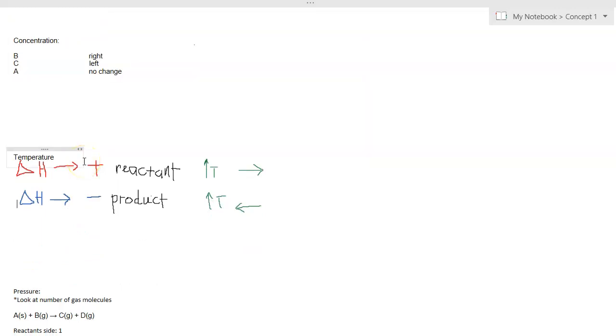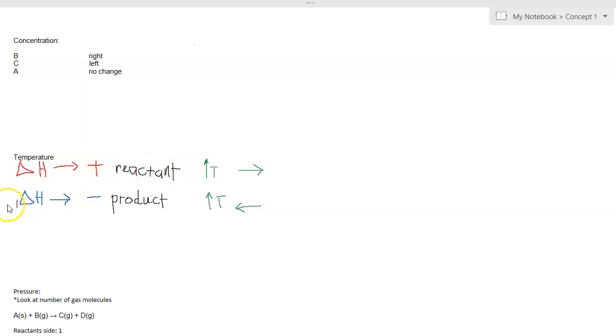So if the reaction is endothermic, which means delta H is positive, you can treat delta H as a reactant. So if we increase temperature, the reaction is going to shift to the right, producing more products. Because if you're treating delta H as a reactant, you want to produce more products in order to achieve equilibrium.